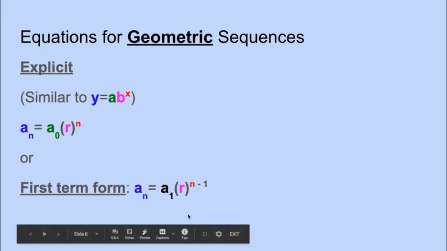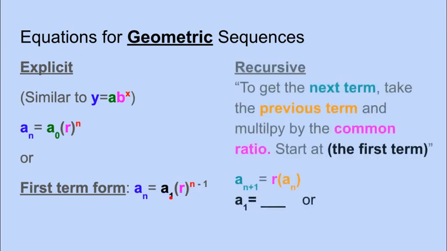And then similarly to arithmetic sequences, there is the first term form, where you shift it back one and start at the first term. The recursive equation is the same idea as it was for arithmetic.